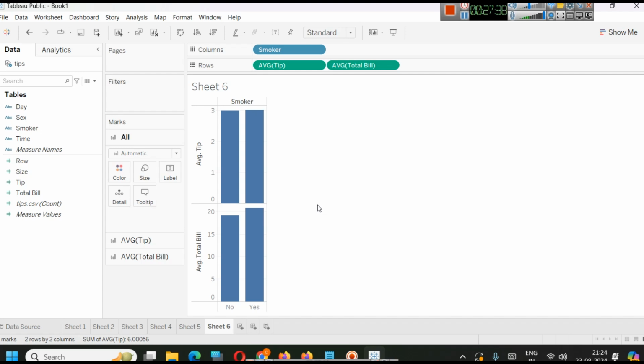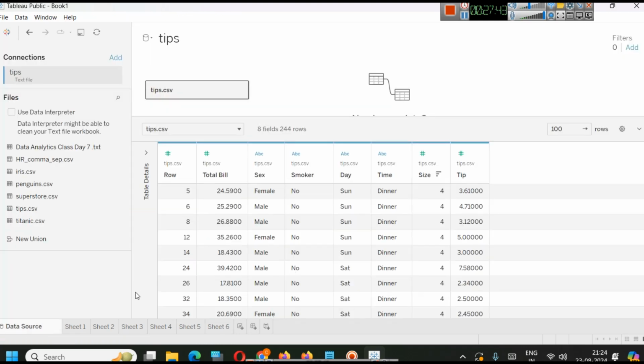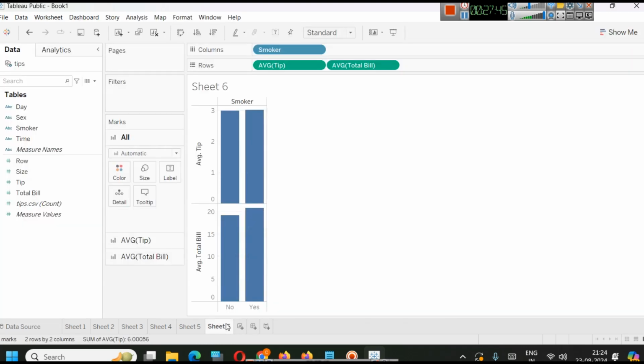Suppose you are a restaurant owner. Although this is a very small data set, suppose you have data of restaurants within your locality.